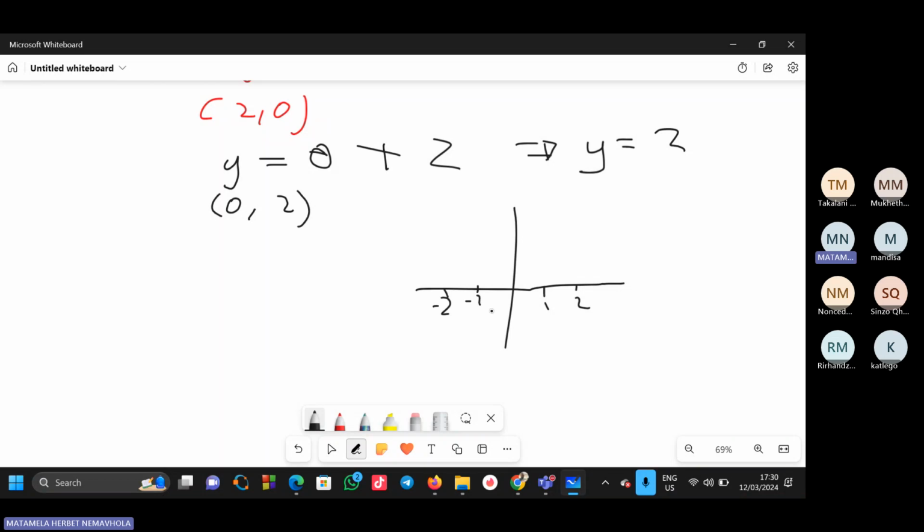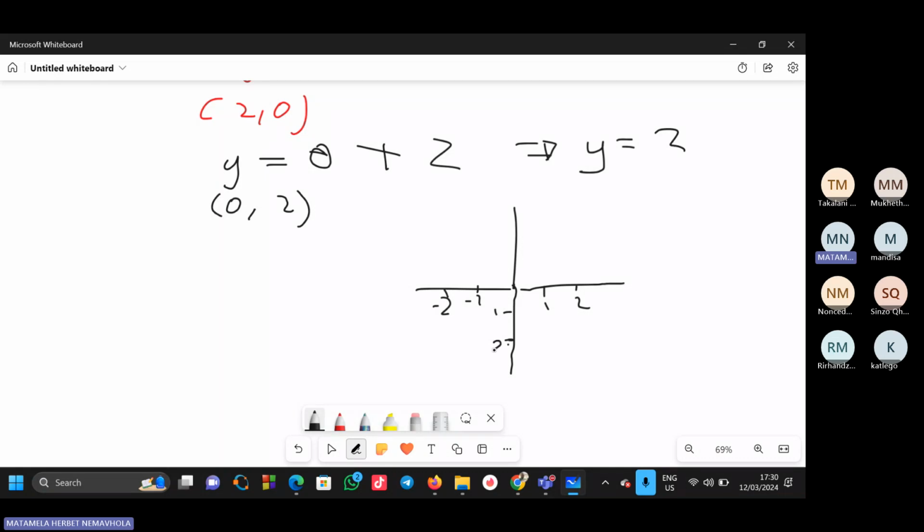I'll erase this and try to be straighter. Using a ruler would waste time, so it's fine.